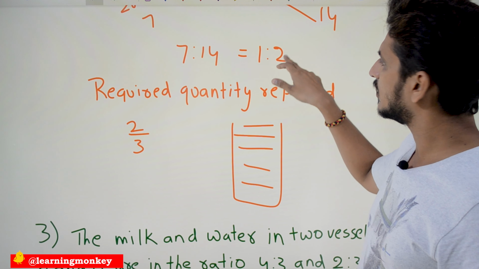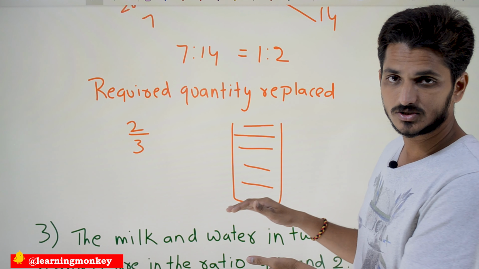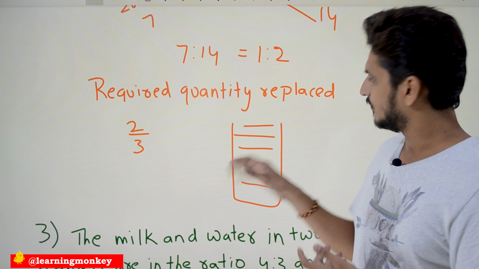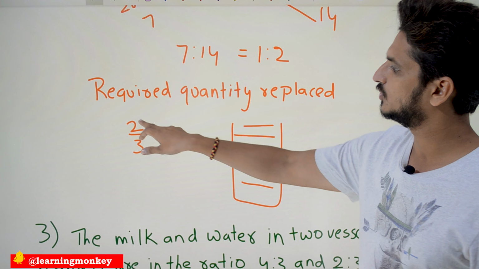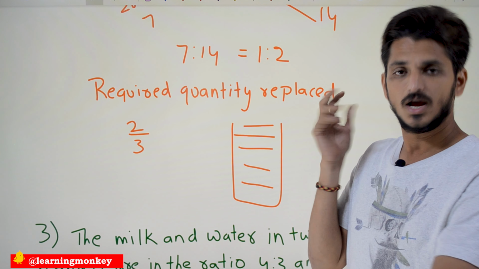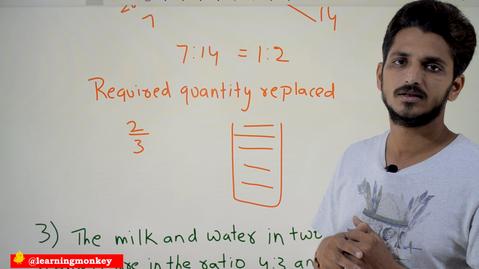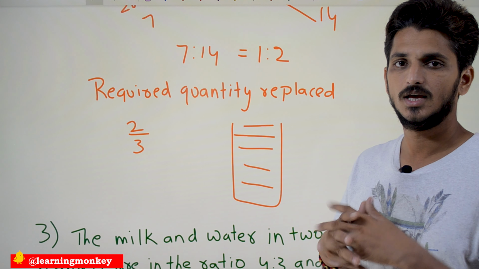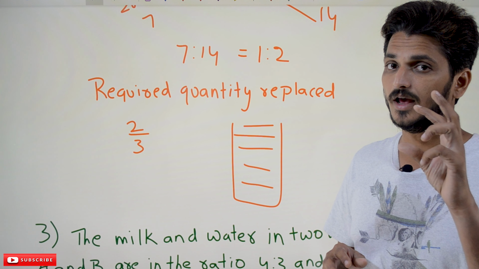So the total quantity, however many liters there are in this jar, we don't bother, if you know the ratio. From this jar, you have to take out 2 out of 3 parts, 2 by 3, and mix in the 19% alcohol content. Then you are going to get an alcohol percentage of 26%. That's why, whatever the content is, ratios will not get affected.